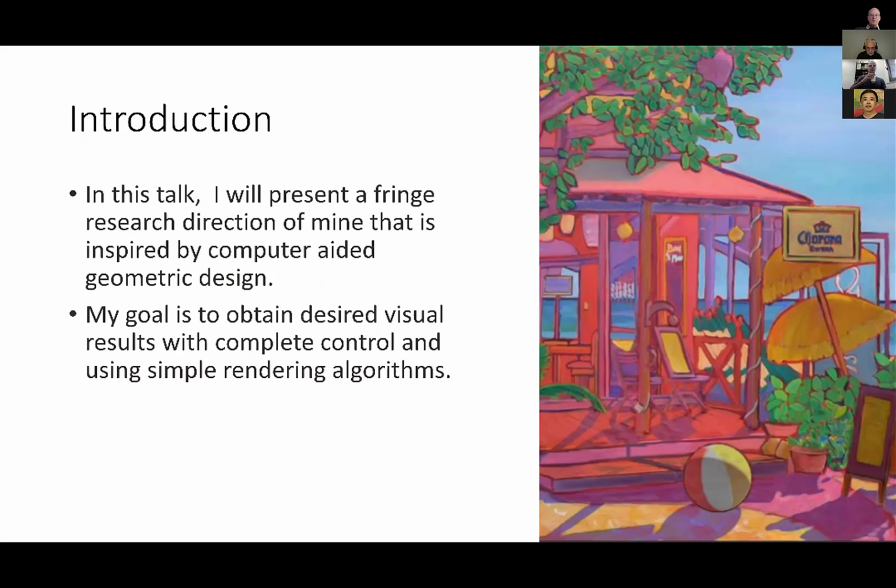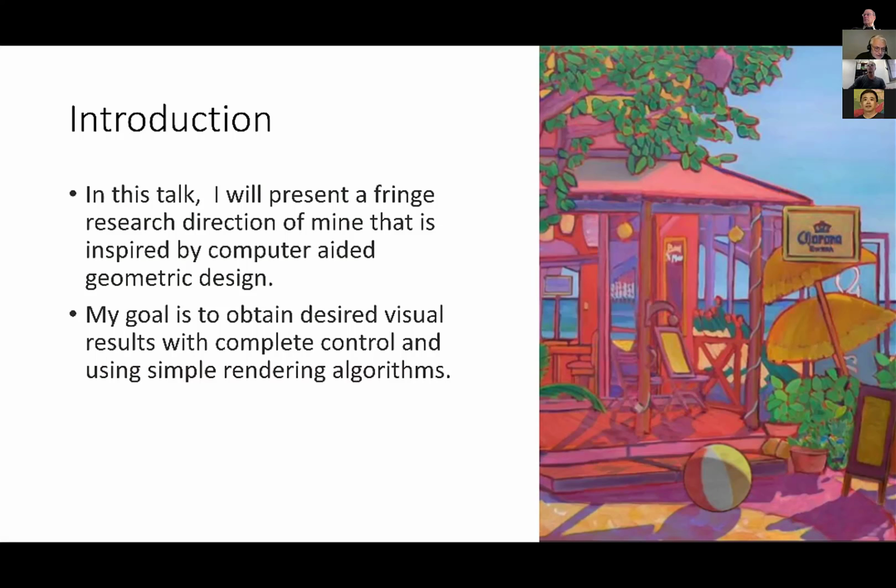So basically, what I'm talking about today is very different from my usual research direction. It's really a fringe research direction, but still inspired by computer-aided geometric design. It's not really independent from that, and I hope the similarities will be visible along the way.